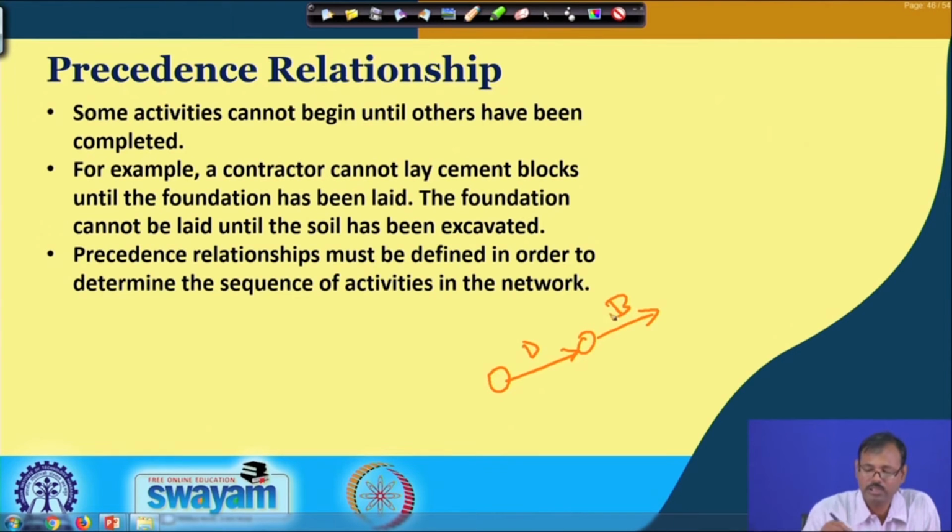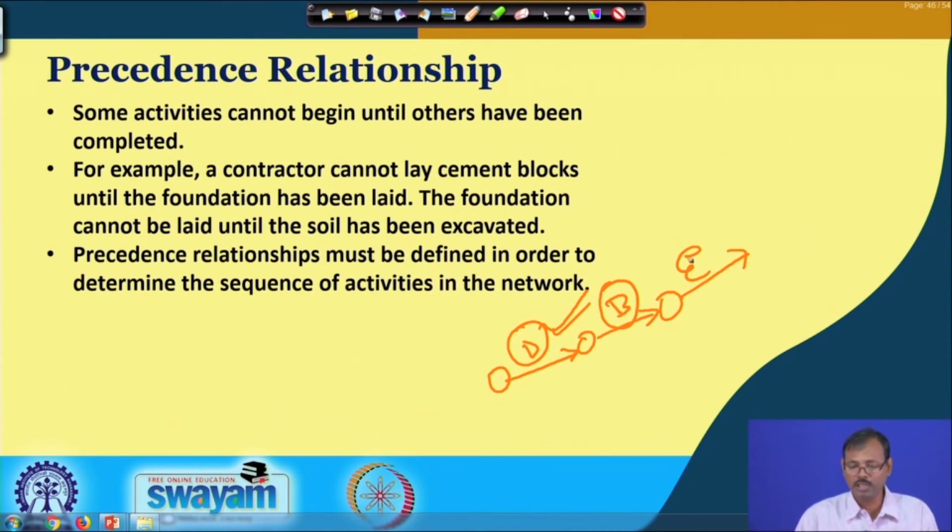You cannot carry out blasting without drilling, and drilling is not the successor of blasting, because we do not go for drilling after blasting. So, drilling is the essential predecessor of blasting, and blasting must be carried out before the excavation. These are the predecessors. So, the establishment of the relationship is very important in these cases.